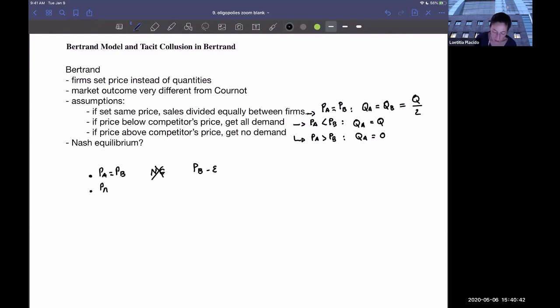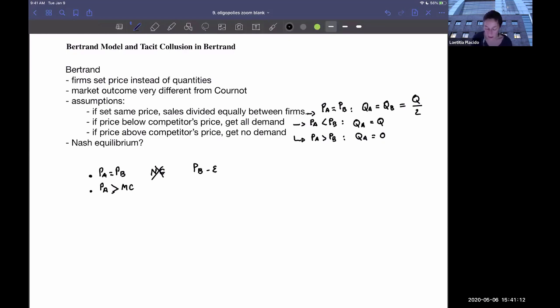Is setting a price PA above the marginal cost an equilibrium? Yes, so Andre is anticipating, he said it goes to perfect competition. That's basically the idea. So we just need to check that setting a price PA above marginal cost is not an equilibrium either.